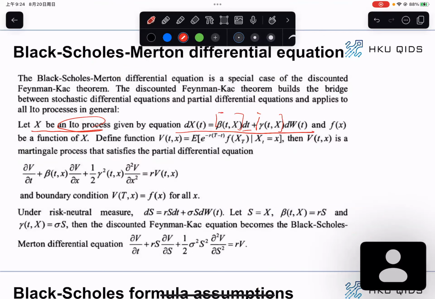And by doing that, if the function is related with the discounted rate at some terminal time larger T minus the current time smaller t, then it is going to be a martingale process which satisfies this equation, okay? And on the risk neutral measure, as we just know written here, the drift is r, which is just the risk-free rate.